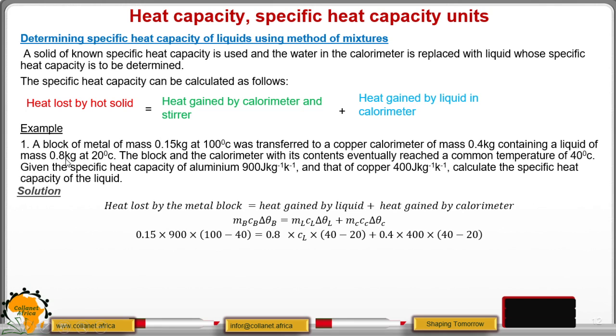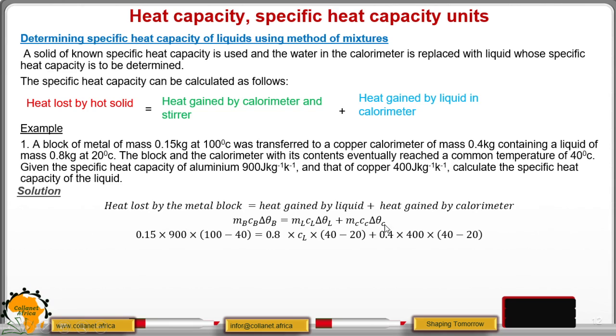That is what we are having as the mass of the liquid. Then the specific heat capacity is what we are looking for. And then finally, we have the change in temperature, because the liquid was at 20 degrees and the final temperature is at 40, then the change will be 40 minus 20. That is for the liquid.